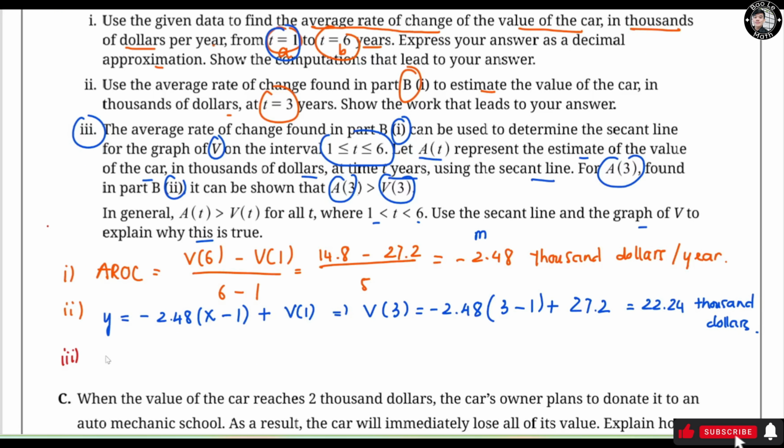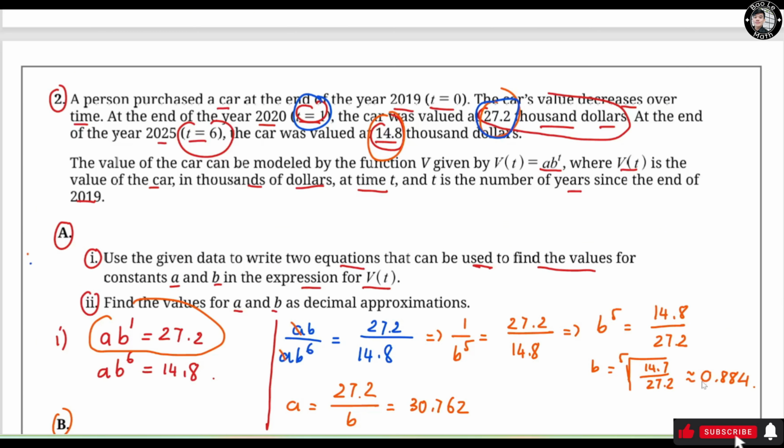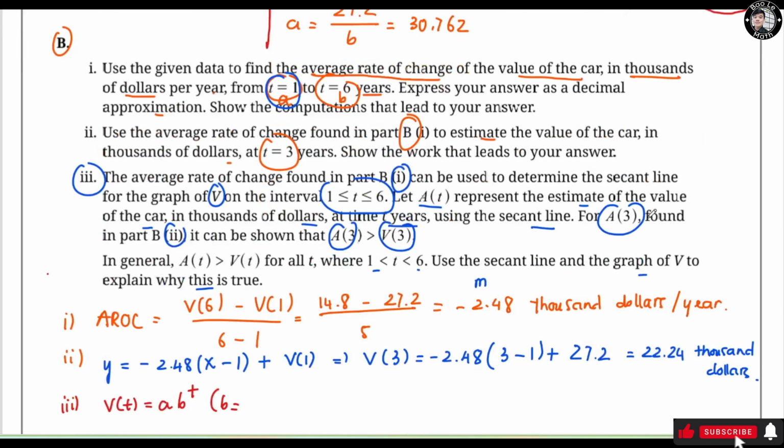Now observe that the function V of t equals a times b raised to the t, where b equals 0.884, which is less than 1 but greater than 0. So the exponential function is concave up over the entire domain.